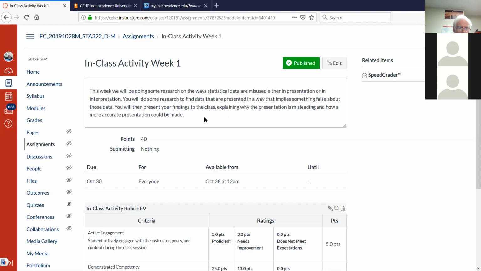You can look up misuse of statistics or bad statistical presentation, and you'll come up with a number of different things. Pick one and explain it: why and how it's misleading, and what would be more accurate.